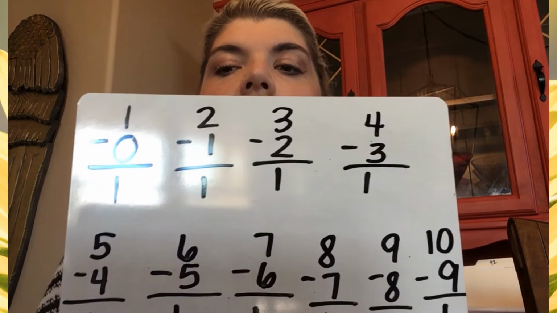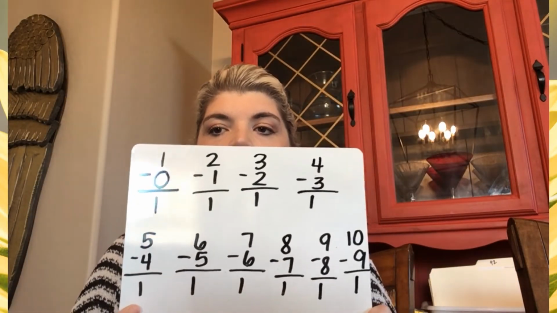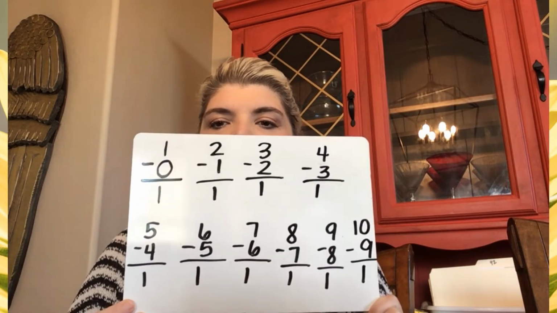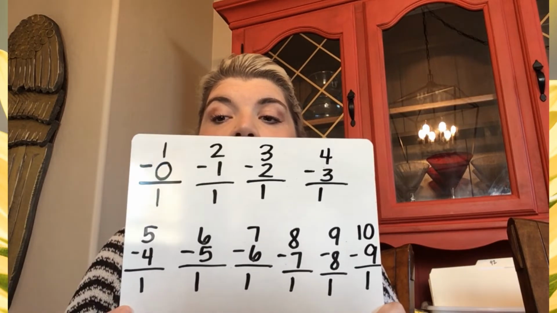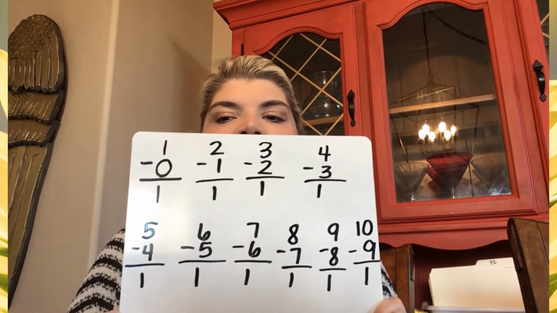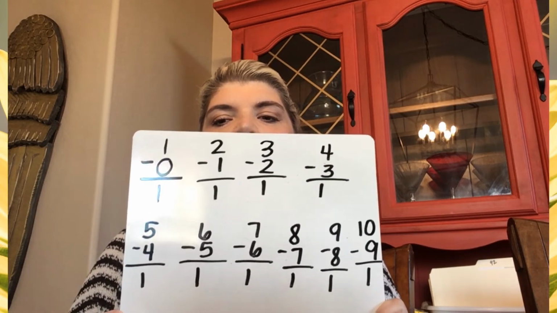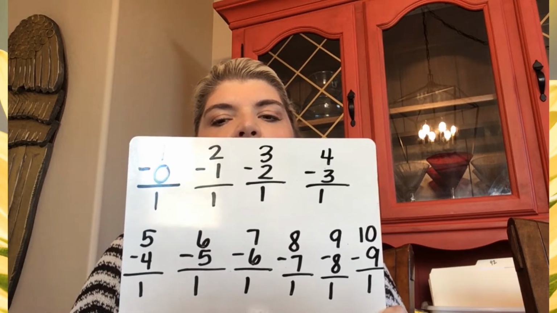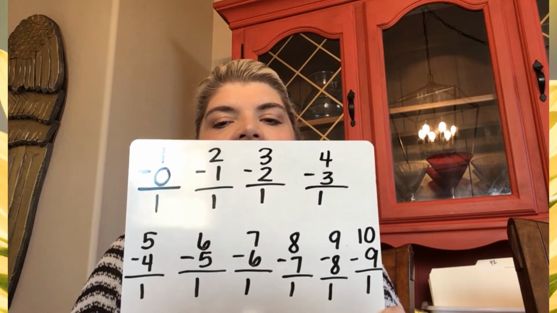There's a lot of them. But the best part is the answer is always 1, boys and girls. 1 minus 0 is 1, 2 minus 1 is 1, 3 minus 2 is 1, 4 minus 3 is 1, 5 minus 4 is 1, 6 minus 5 is 1, 7 minus 6 is 1, 8 minus 7 is 1, 9 minus 8 is 1, and 10 minus 9 equals 1.